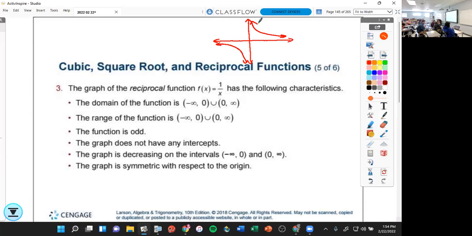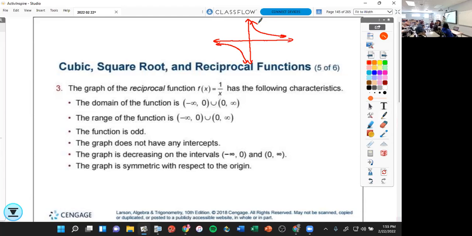Okay? Because 1 divided by a trillion, is it 0? No. Is it small? And it gets smaller and smaller and smaller. Can it ever be 0? Okay? That's why the range is everything but 0. You cannot divide 1 by any number, I don't care what number it is, and get 0 out of that. Okay?